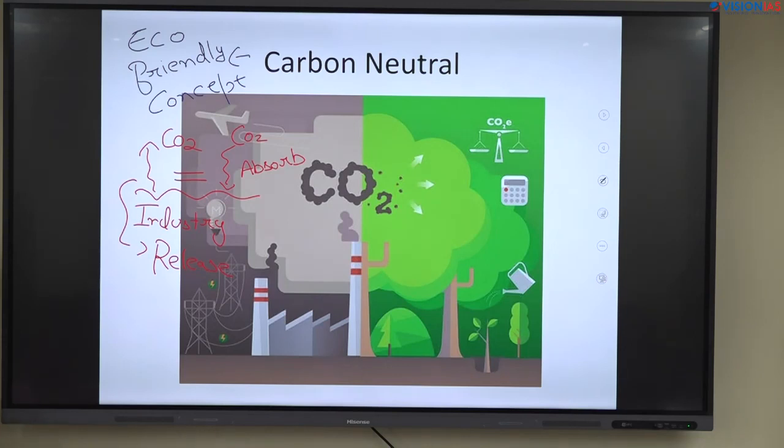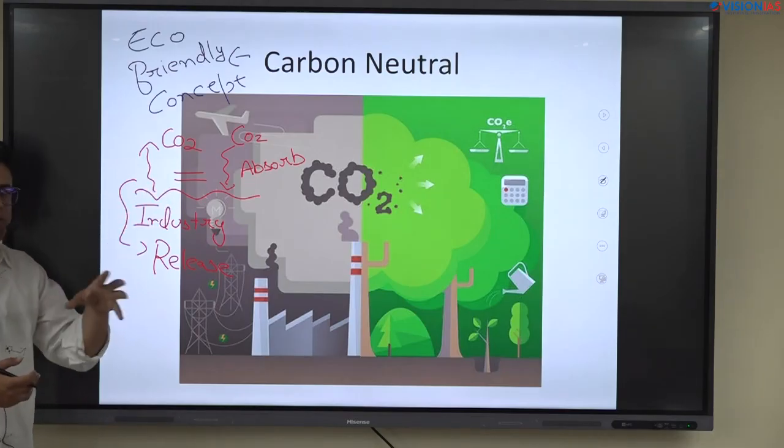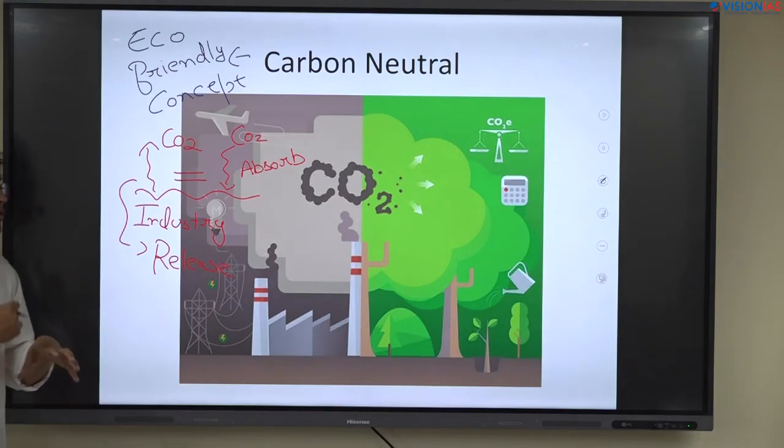You say that the place has become carbon neutral. If an industry is releasing carbon dioxide due to its activities, but they are also doing some eco-friendly activities, let's say they are planting trees, they are doing waste management, so they are absorbing carbon from atmosphere.